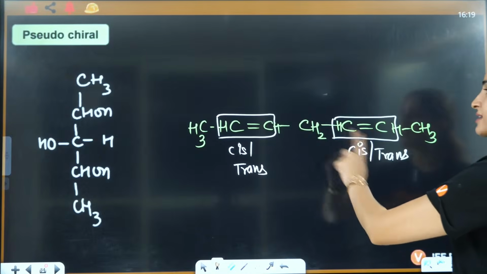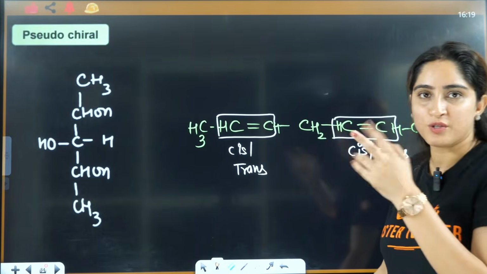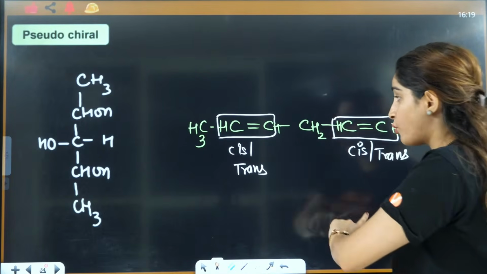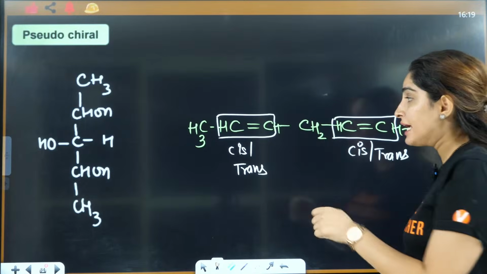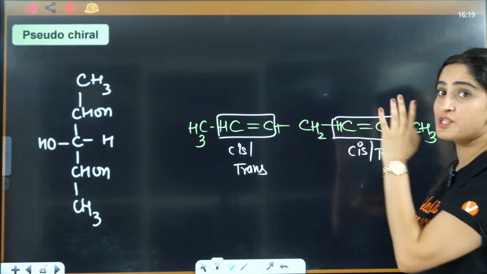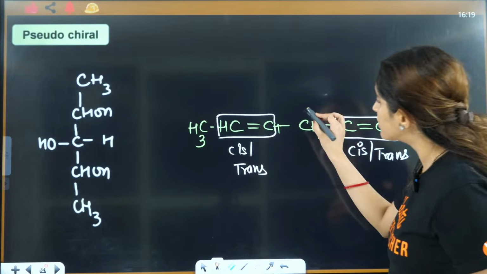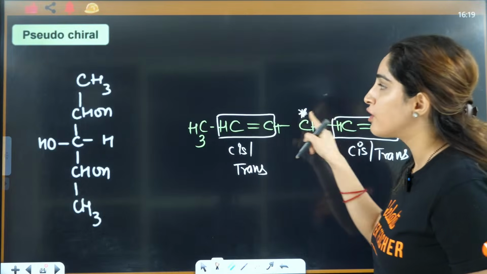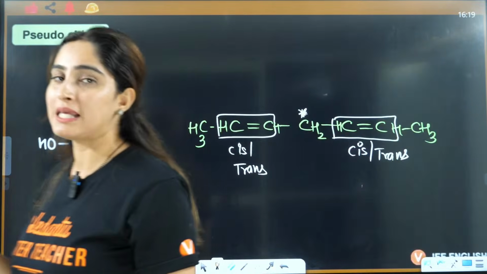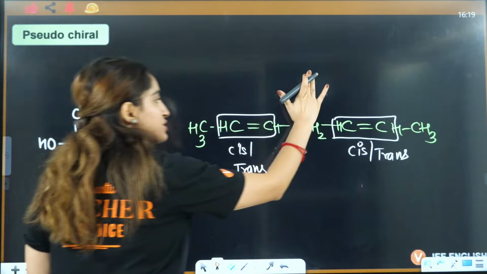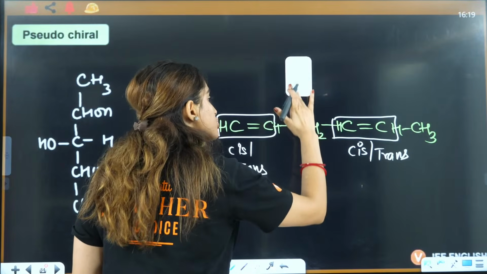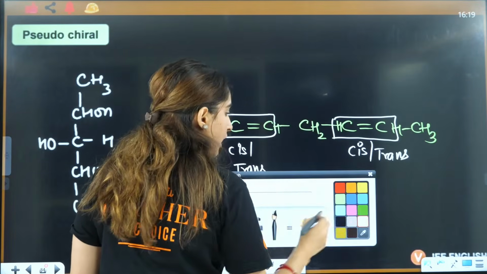Now if both are cis, then this is not chiral because both substituents are same. If both are trans, this is not chiral. If this is cis, this is trans, this will be chiral. If this is trans, this is cis, this will be chiral. So this condition is also of pseudo-chirality. So these are the two conditions in which you will have pseudo-chiral carbon.